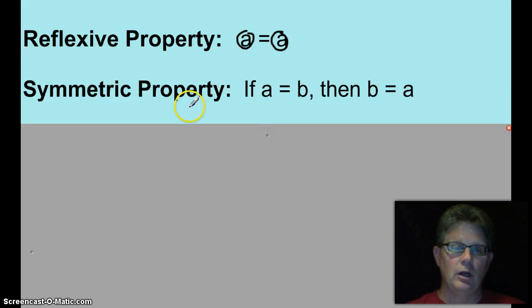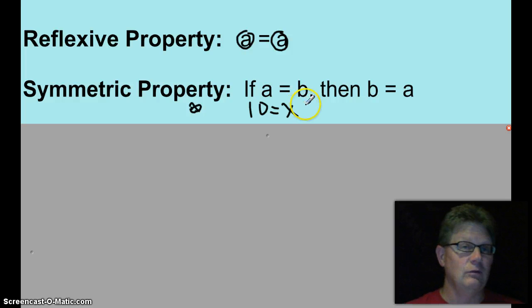Last year in algebra, you'd solve an equation and you'd get 10 equals x. But nobody in their right mind, other than possibly Mr. Manning, would say 10 equals x for the answer. You would all say x equals 10. All you've done is switch sides with the number and the variable. And that's what's going on with the symmetric property.